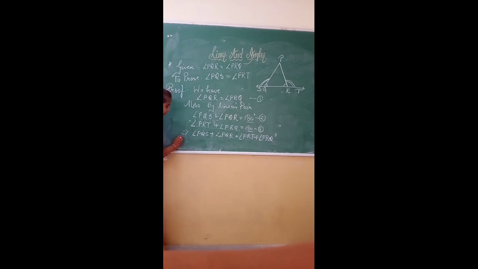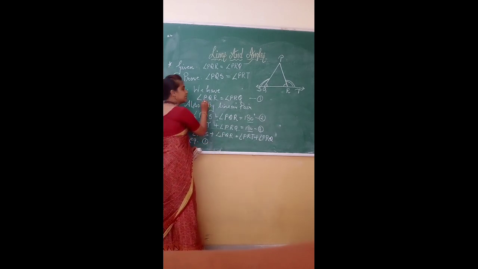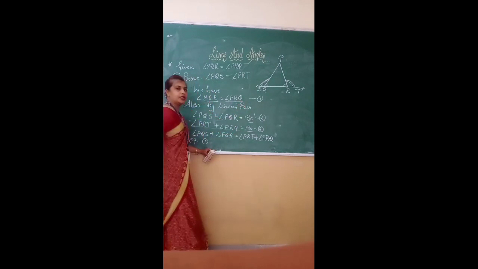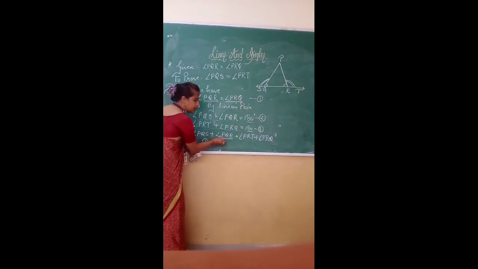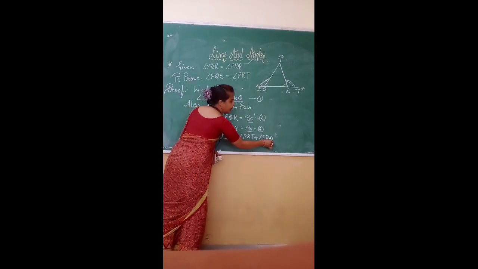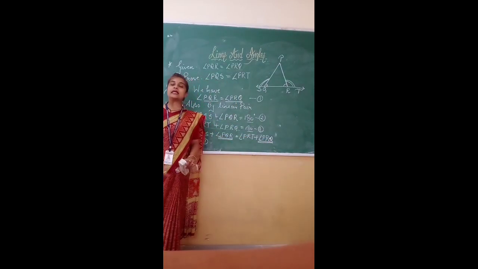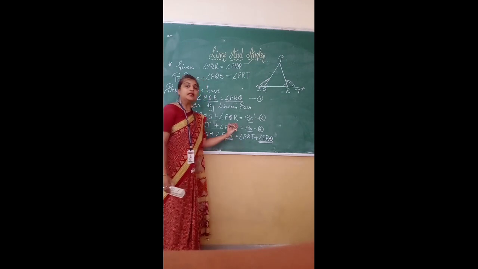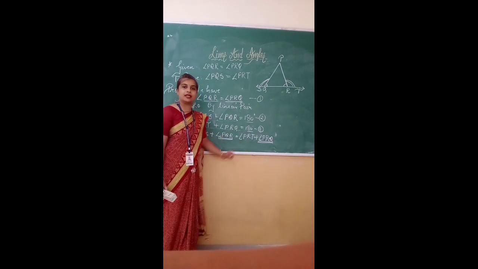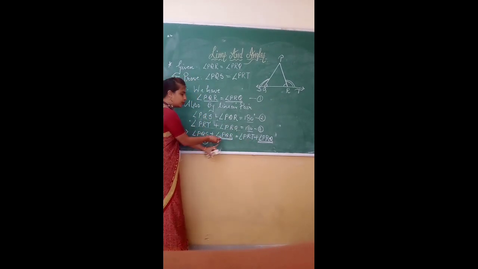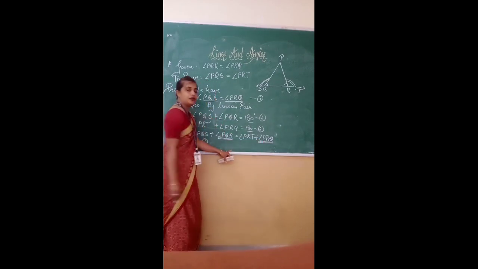Then by equation 1, what does equation 1 say? That PQR and PRQ are equal. PQR means this angle and PRQ this angle. The measurements of these two angles are equal. अब यहाँ पे यदि हम इक्वलिटी चेक करते हैं, then the sum of two is equal to again the sum of two.